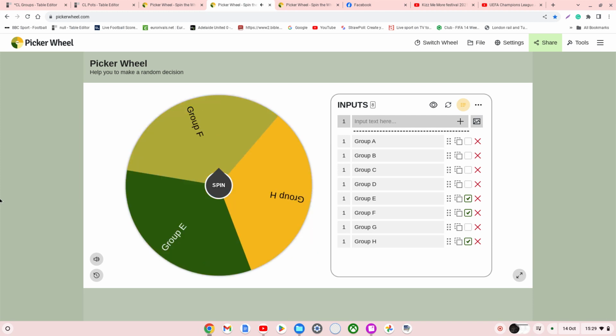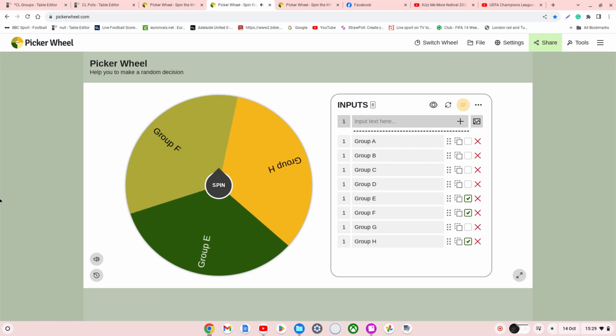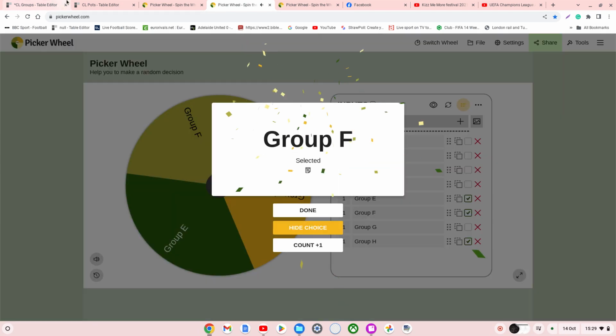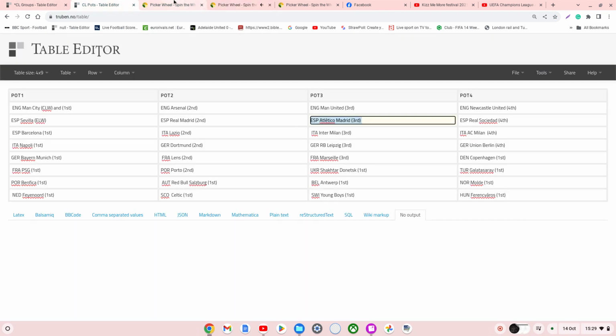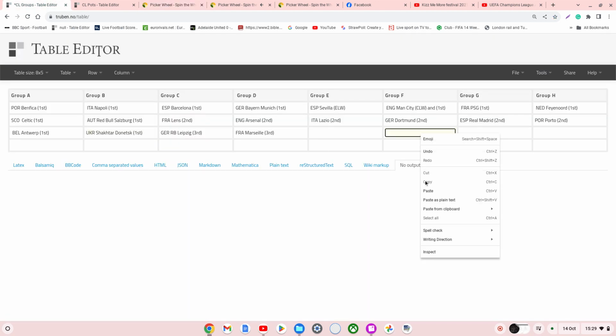Where will Atletico Madrid go? And it's F. Group F for Atletico Madrid. They will be in Group F and they will be facing Borussia Dortmund and Manchester City.